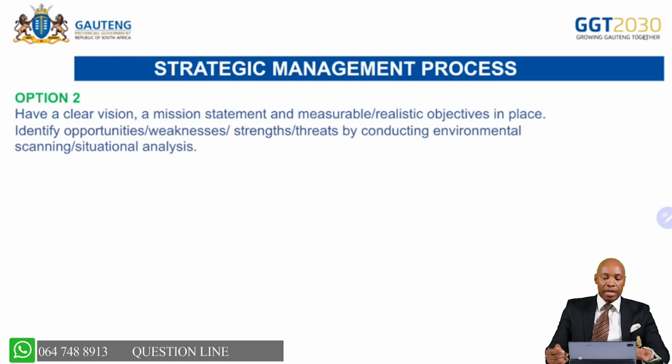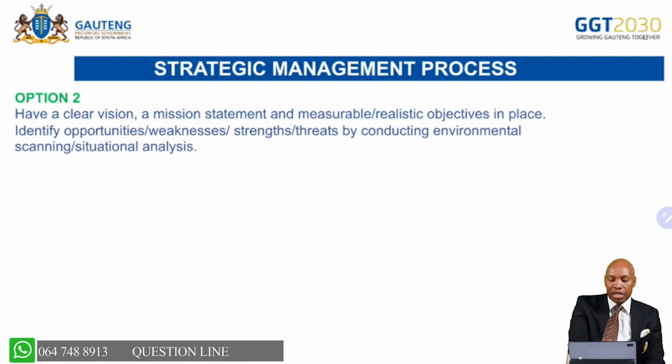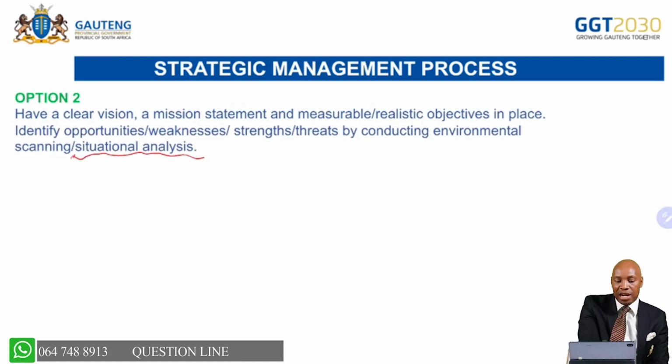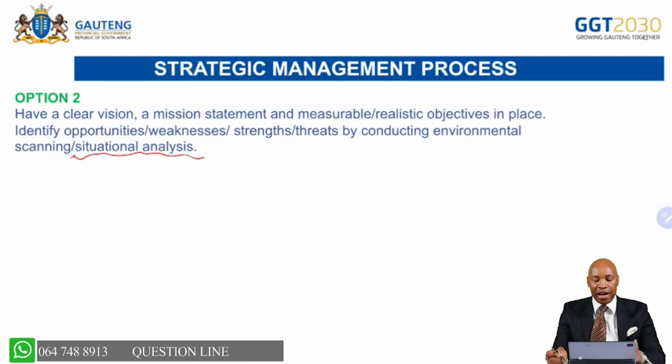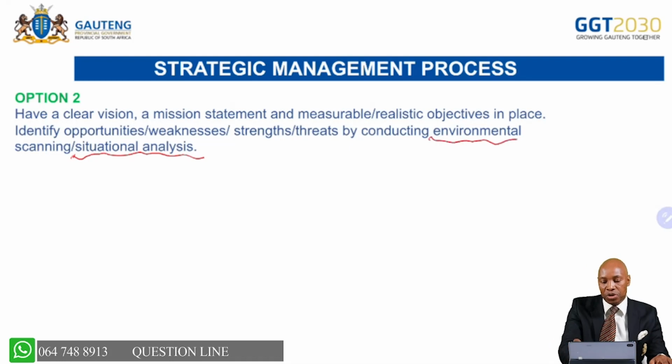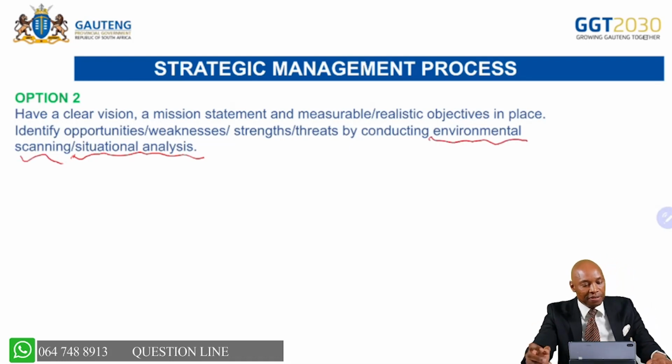Now, candidates, let me advise you. When you write, either we can use situational analysis, or if you find environmental scanning, you can use environmental scanning. You can then say identify opportunities, weaknesses, strengths, and that by conducting situational analysis.